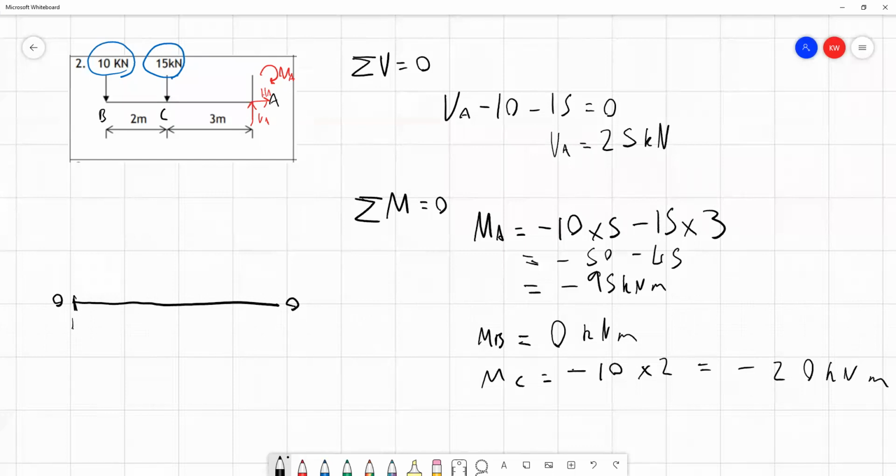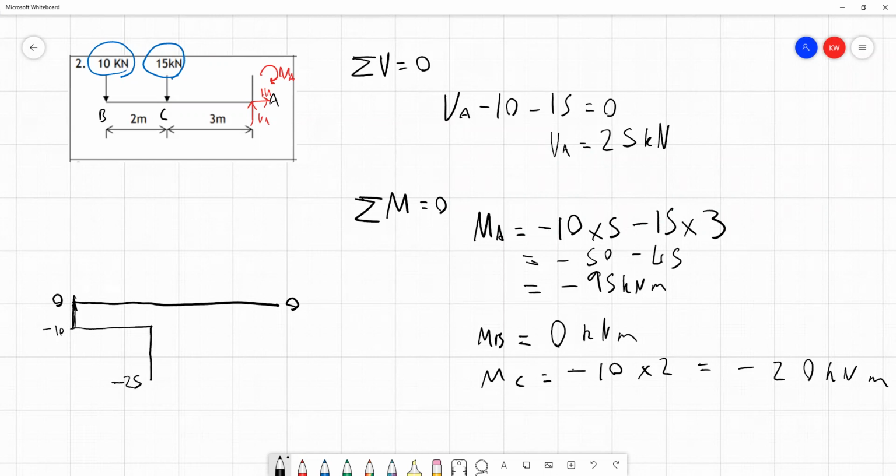Now, we know from other problems that we're going to move across horizontally because there's no force being applied between points B and C. So we move horizontally across to where point C is, and then it's another force of minus 15 applied. So we go down a further 15, and that takes us to minus 25 in terms of shear force.